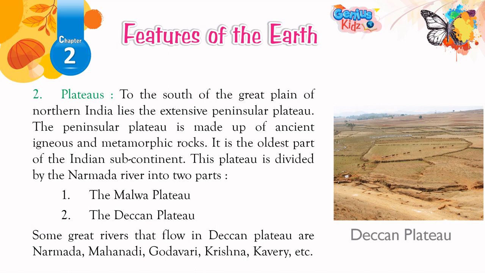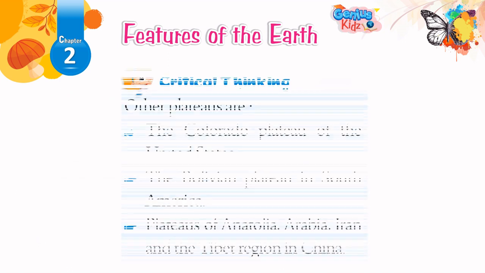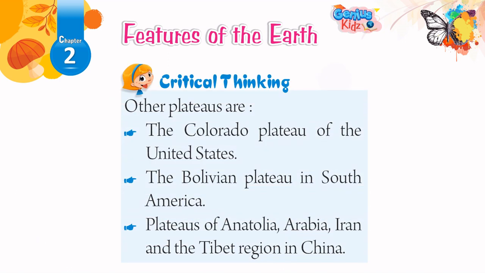Some great rivers that flow in Deccan Plateau are Narmada, Mahanadi, Godavari, Krishna, Kaveri, etc. Critical thinking. Other plateaus are the Colorado Plateau of the United States, the Bolivian Plateau in South America, plateaus of Anatolia, Arabia, Iran and the Tibet region in China.